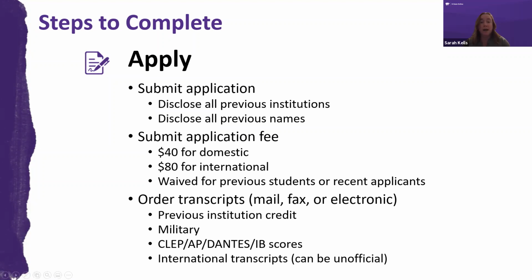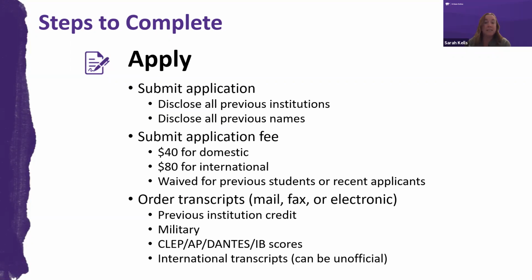We do have several ways that you can send those. Electronic is obviously going to be the quickest and easiest way to get those sent to us, but we do accept fax and also old-fashioned mail. So there is an application fee, like I mentioned, $40 for domestic US students and $80 for international students.